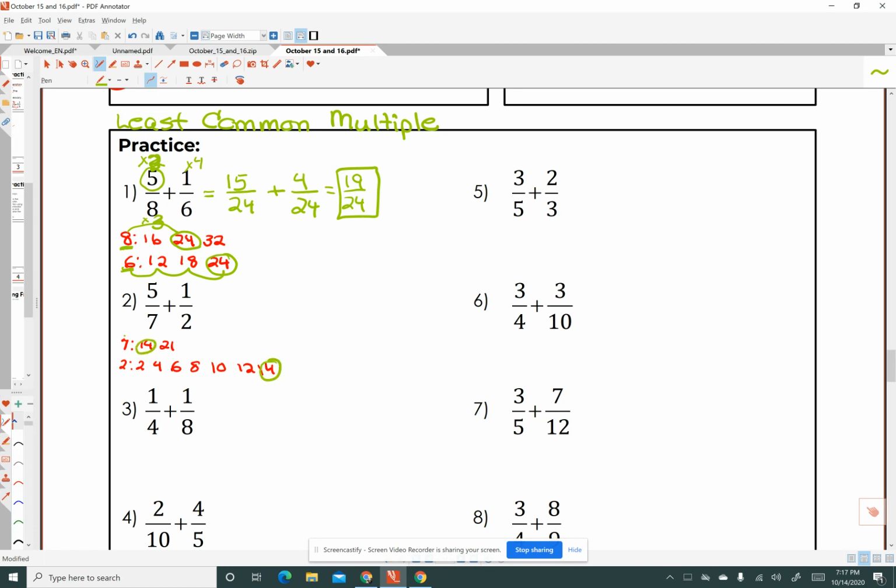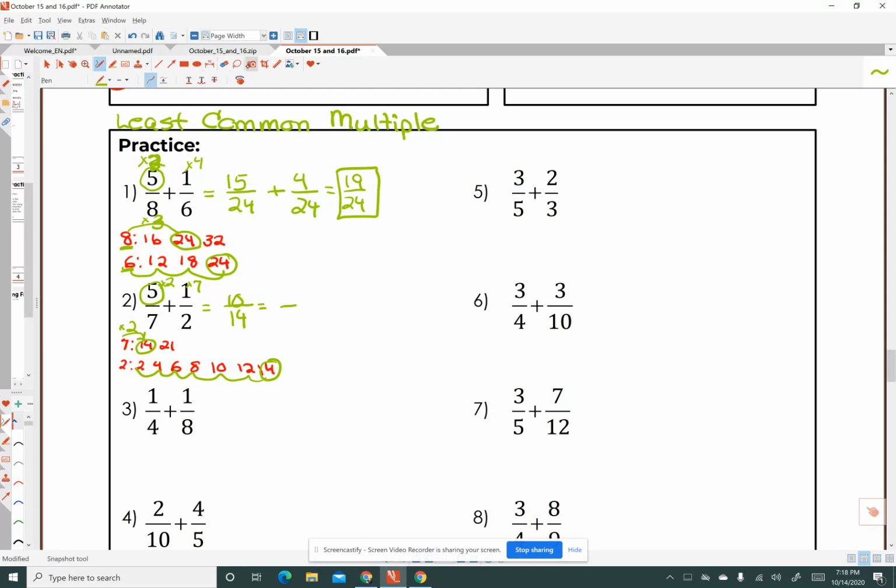And what do we do to get from 7 to 14? We multiply times 2. So that's what we'll do with this 5. We'll multiply it by 2. So our new denominator is 14. 5 times 2 is 10. Now, what do we multiply 2 by to get to 14? We multiply it by 1, 2, 3, 4, 5, 6, 7. So then we have to multiply the 1 times 7.